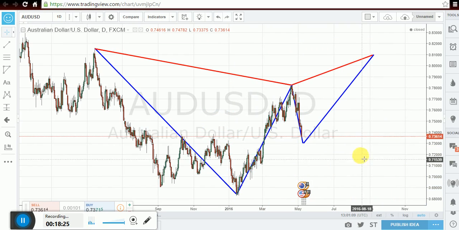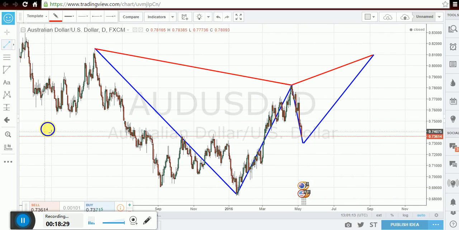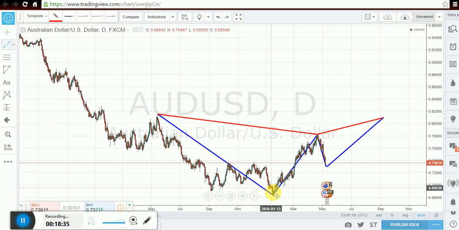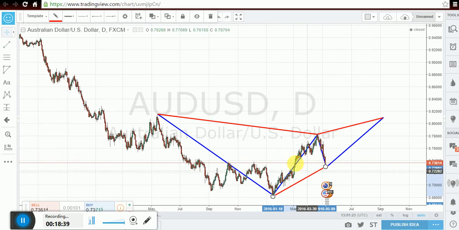But is it going to do that? No, you don't know. There is also another possibility, because look what happened here. If we connect these two triangles here, now we've got a first part of a triangle here, and this looks like a 50% retracement. So you've got a first part of a triangle of a bat pattern here.